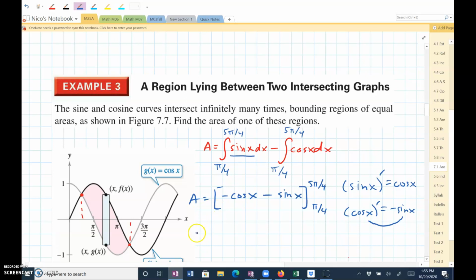And then let's see here. We can factor out the negative 1.